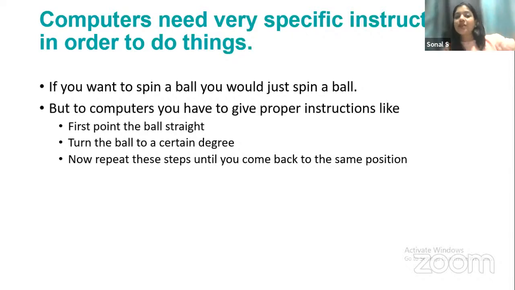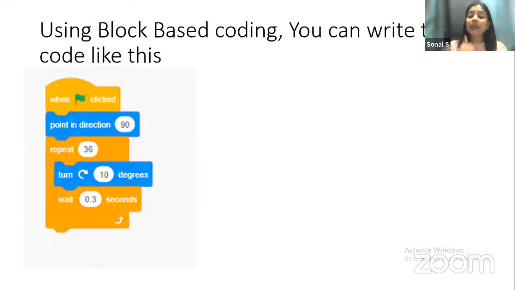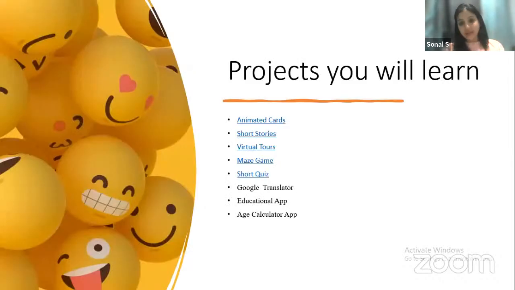So I would say first point the ball straight, turn the ball. These are the instructions I'm going to give, just a basic understanding. And when we implement it using the coding language, it would be something like this, right? Just understand, don't worry about what this code is; it's just to get an overview of how coding works and how we are going to write the program.